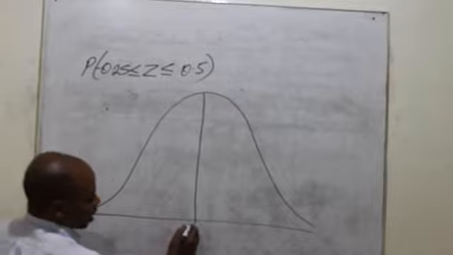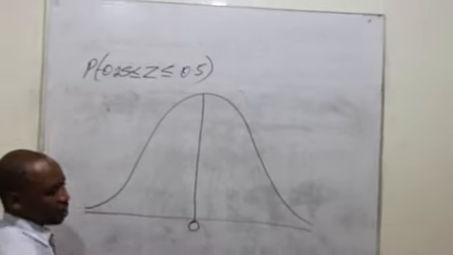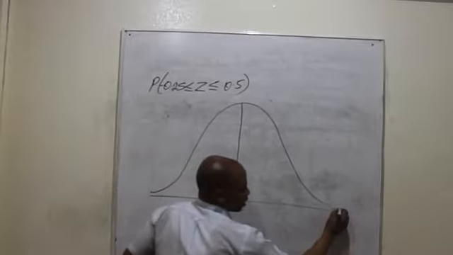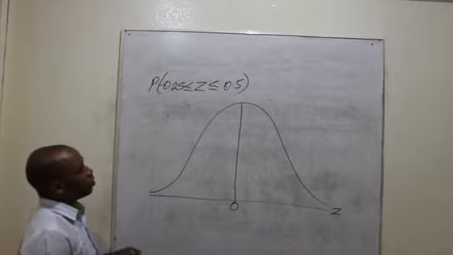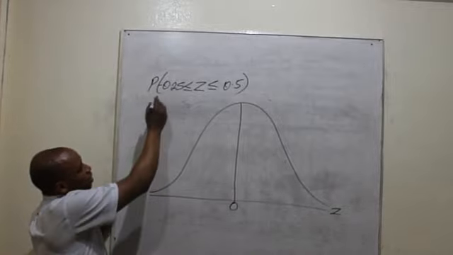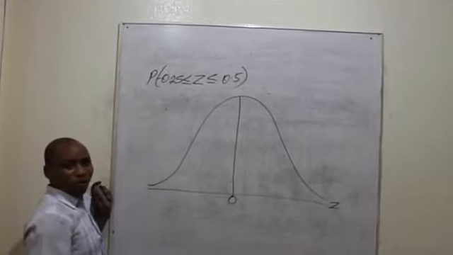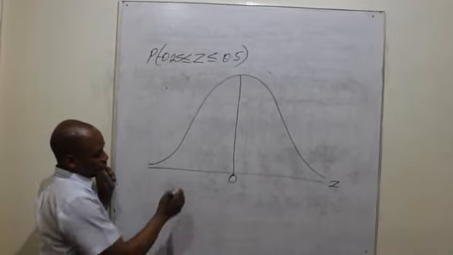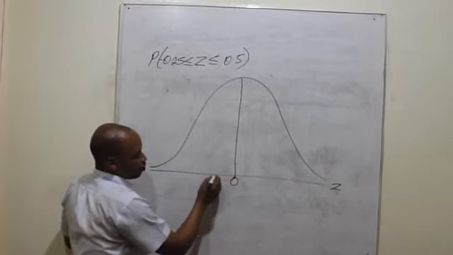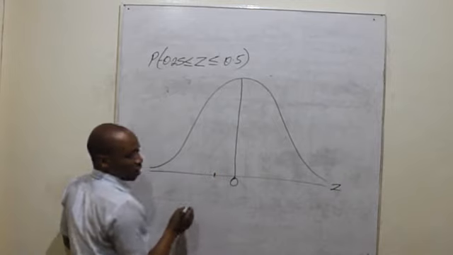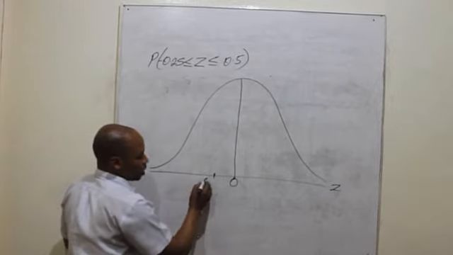Of course, with the standard score, the mean is always 0. So this is the z. So what happens is that this is negative 0.25. So the negative 0.25 will fall on the left side of the 0.